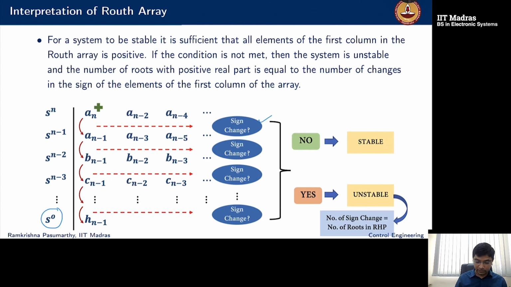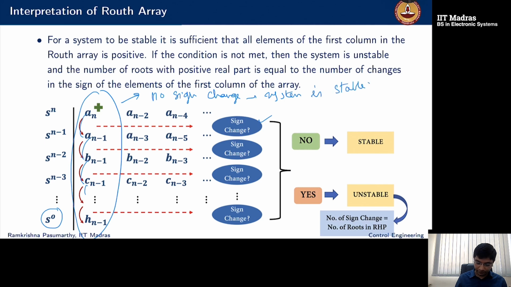As long as there is no sign change, if all of these are of the same sign, which means there is no sign change, then the system is stable. If there is a sign change, the system is unstable.